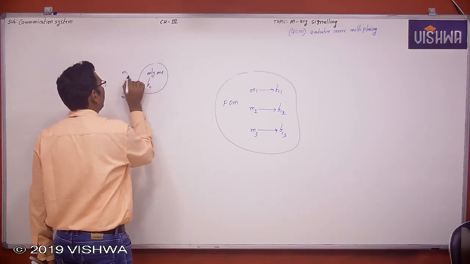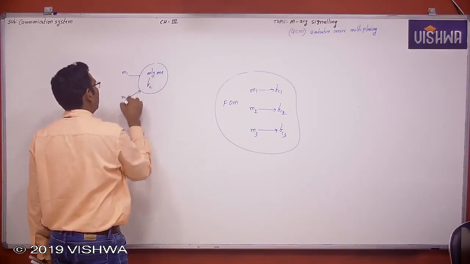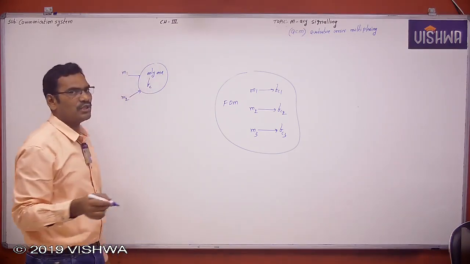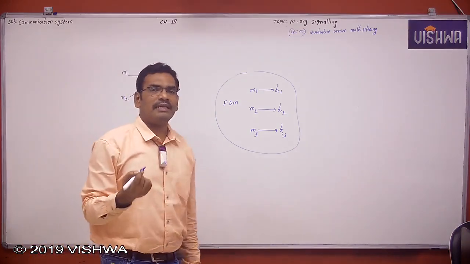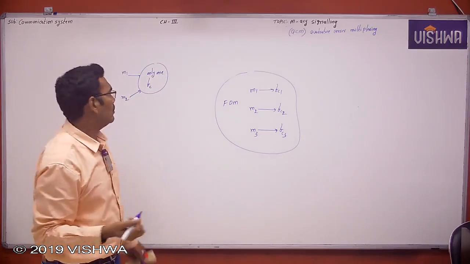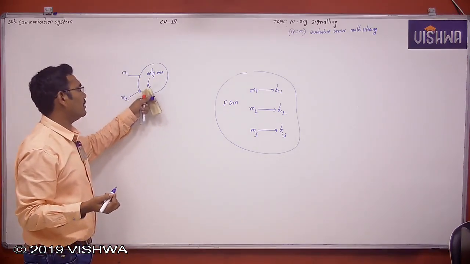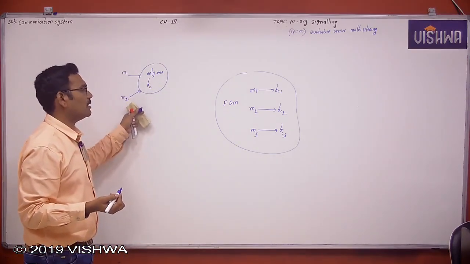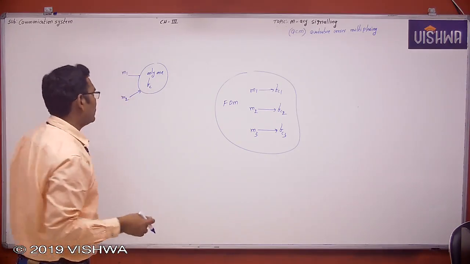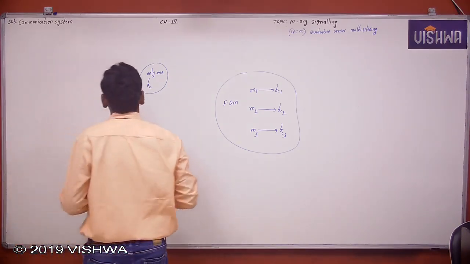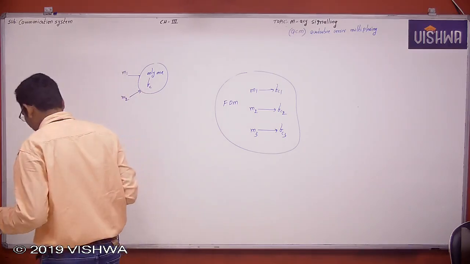If it is possible, then it is an advantage, or not? Yes, you can successfully utilize a single carrier for transmission of two signals without interference, and that is the greatest advantage. So that we are doing here.